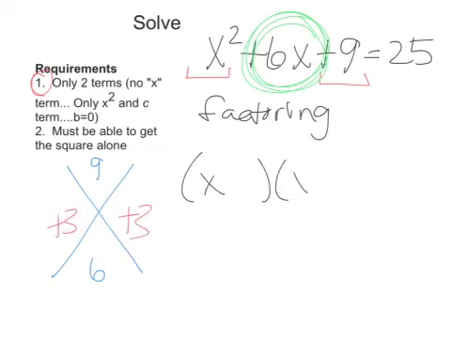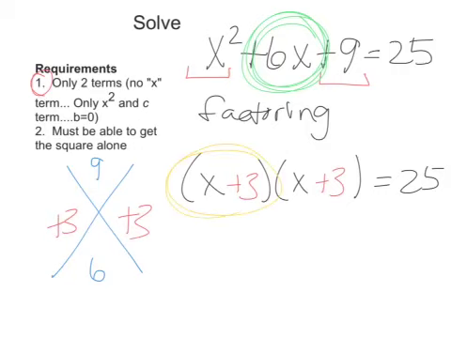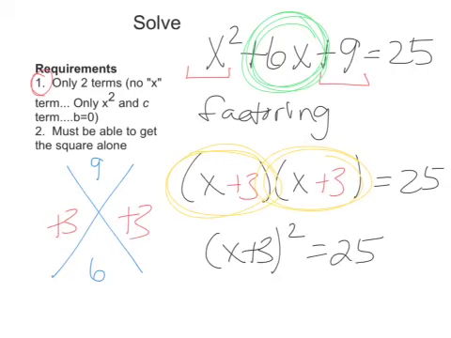So if we're thinking about how this factors, we know that this is going to be a positive 3 and this is going to be a positive 3. But that's where this one's a special case, because when we look here, we have the same thing, x plus 3, being multiplied by itself twice. So I could really just write this as x plus 3 squared is equal to 25. So actually, this one, I could use the square root method because I have this square thing all alone.